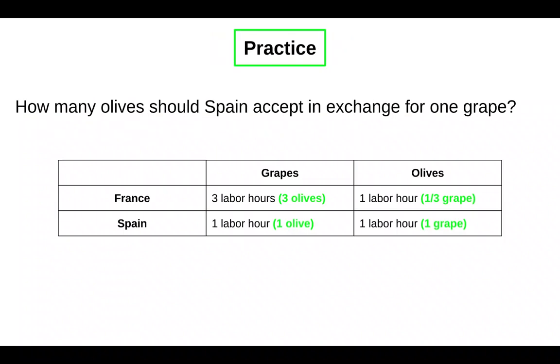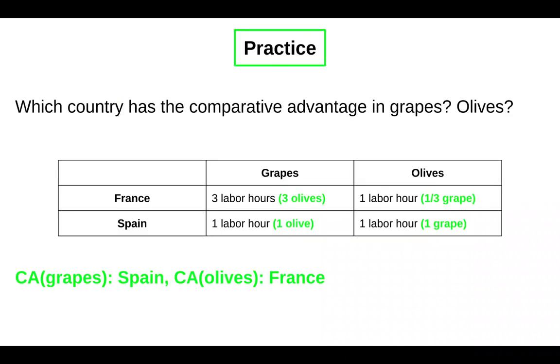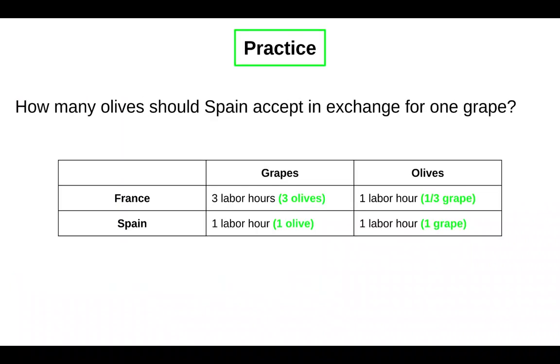How many olives should Spain accept in exchange for one grape? Because remember, we said that Spain should produce grapes and France should produce olives. So Spain's thinking, okay, if I'm going to give France my grapes, how many olives should I take? And this is the answer. It's going to be one grape for at least one olive and at a maximum of 3 olives.